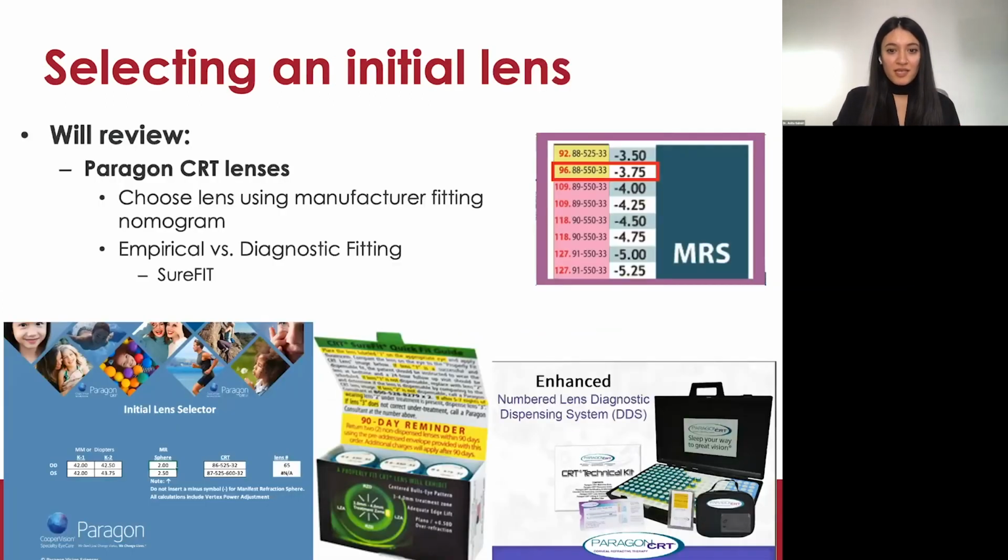So when we're selecting your initial lens for orthokeratology, there are different ways to do this and different protocols depending on the manufacturer. Some require only keratometry readings and refraction, whereas others require more of a diagnostic fitting or full topography. With the Paragon design that we'll talk about here, for most of our patients and for teaching purposes, it's the lens, like I said, that we go to.